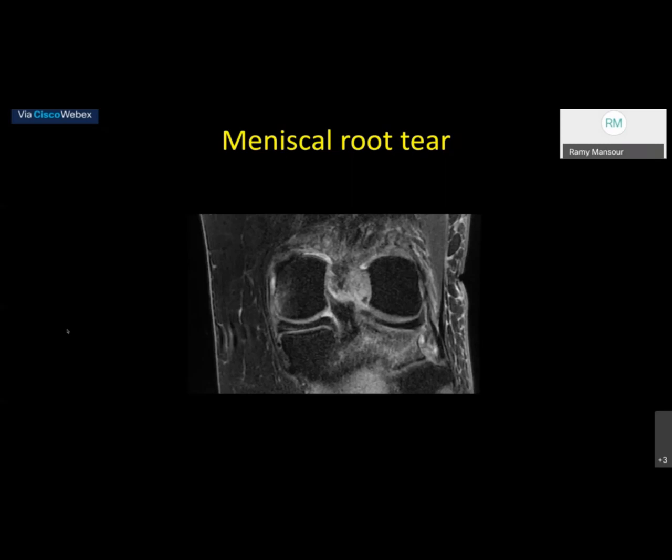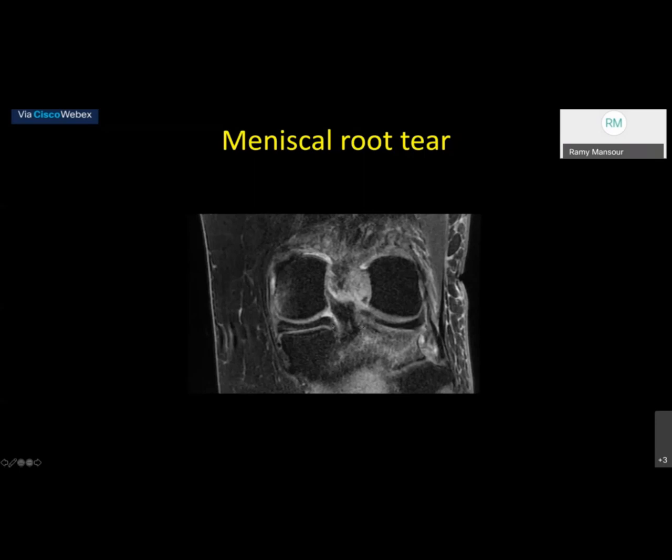Another example of meniscal root tear, which again is commonly missed by the less experienced radiologist. This patient, you can see, had an acute injury with an impaction fracture of his posterior tibial spine. And you can see here that the medial meniscus is intact with the root intact. But if you look at the lateral meniscus, you can see it's suddenly blunted here, and you cannot see its root.